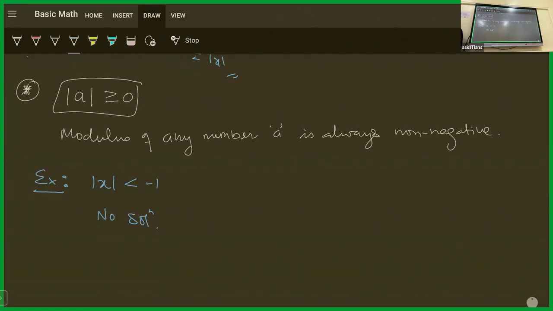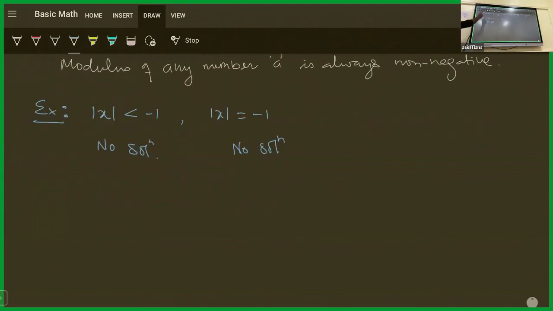Modulus can't be negative, correct? Or if I give you modulus of x equal to -1, solve for x. The left hand side is always non-negative and the right hand side is negative. So this equation is not possible, and that's why we'll say again no solution. Or you can say x belongs to the empty set.